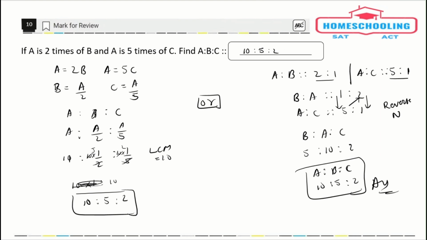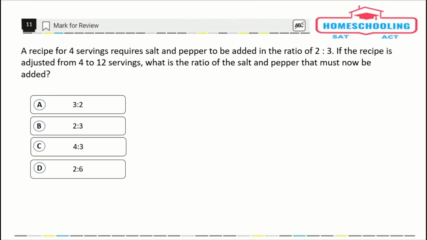Now moving to the next question. A recipe for 4 servings requires salt and pepper to be added in a ratio. So let's take this bowl, which consists of 4 servings.